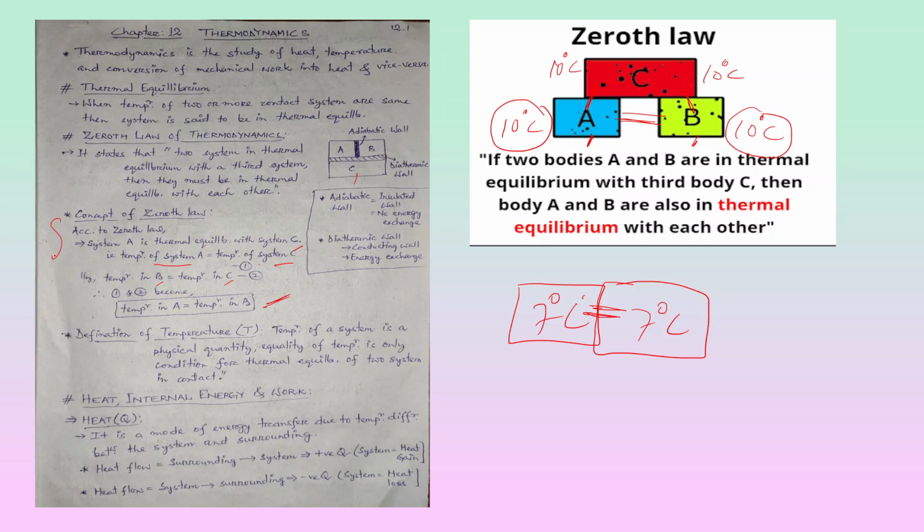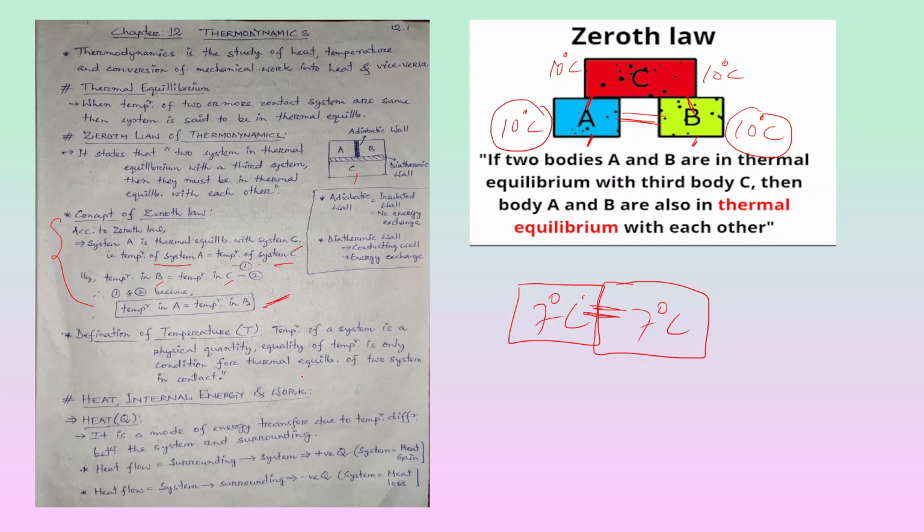That is the concept of our zeroth law. From this we get a new physical quantity, temperature. Temperature is that physical quantity which makes two different systems reach thermal equilibrium.